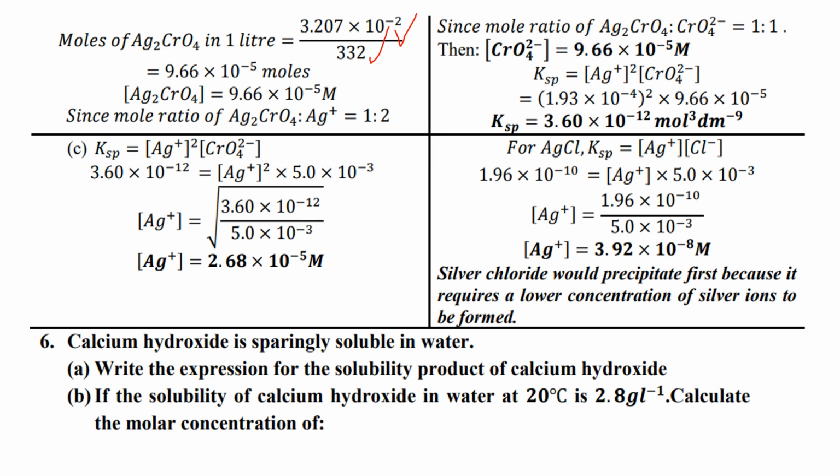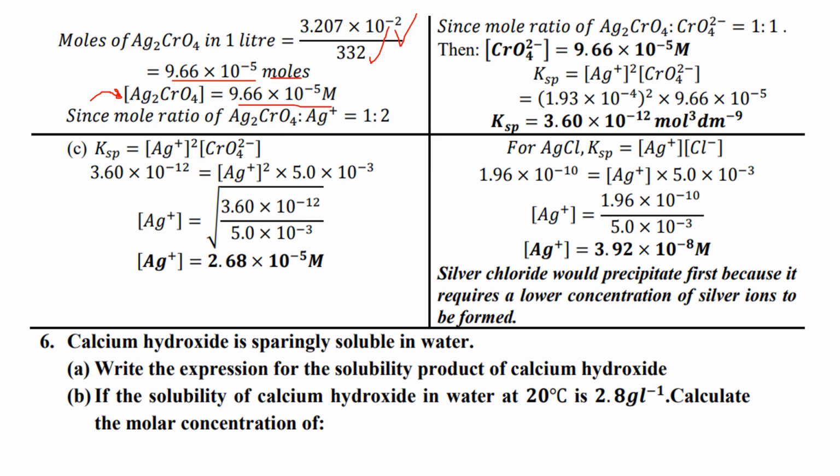That gives 9.66 × 10^-5 moles. When you put everything in the calculator, the molar concentration or solubility of silver chromate is 9.66 × 10^-5 molar.